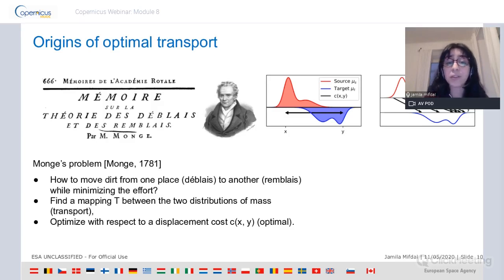So the goal is to find the mapping between these two distributions, which tells us where each point should go in order to have the final distribution with a minimal cost. This is the goal of optimal transport: to move from one initial distribution to a final one while minimizing the overall cost.